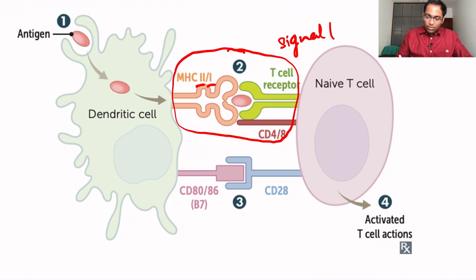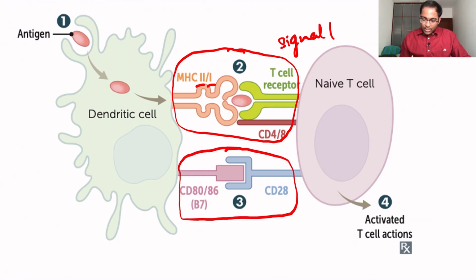And the second signal, which is the co-stimulatory signal, is responsible for production of cytokines, and it is mediated by the CD80/86 receptor on a dendritic cell and the CD28 receptor on a naive T cell. So this is signal number 2, or you can also call it the co-stimulatory signal. You need a co-stimulatory signal to stimulate production of cytokines.